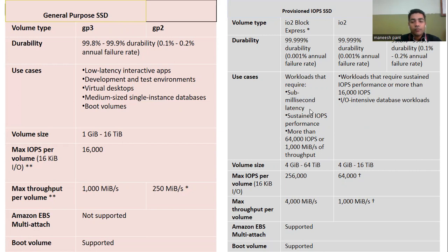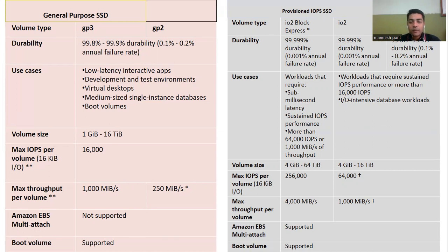For example, if you are doing a voice call over a network or live streaming of a cricket match, then we need provisioned IOPS because the latency has to be very minimal. If there is a 1 second or 2 second latency, then the voice and the video will not sync with each other and the output will not be satisfactory.